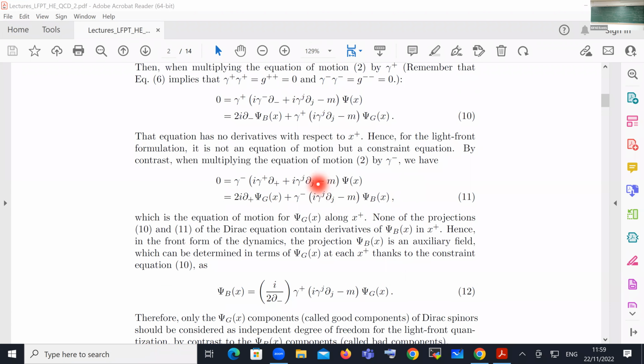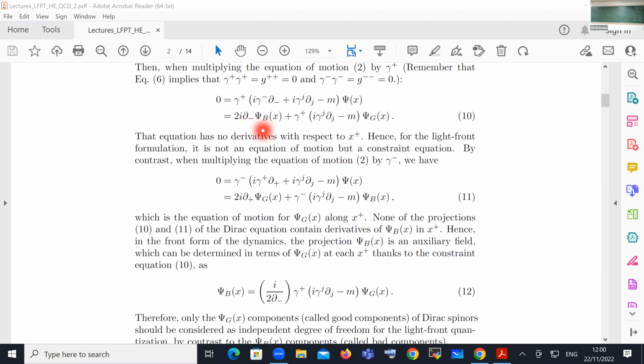It means that it's only psi G which is in principle the important object, and psi B we still need because it appears here. But we can use this constraint equation to determine the bad components in terms of the good components, on each hypersurface of constant x plus.